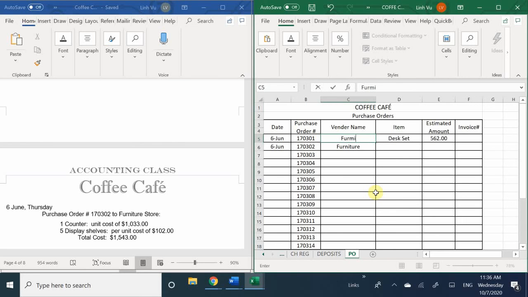I'm having difficulty typing today. Furniture store. Okay. Furniture store. Okay. I still spelled furniture wrong. All right, anyways. Okay.